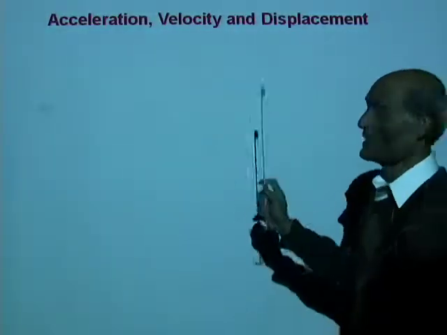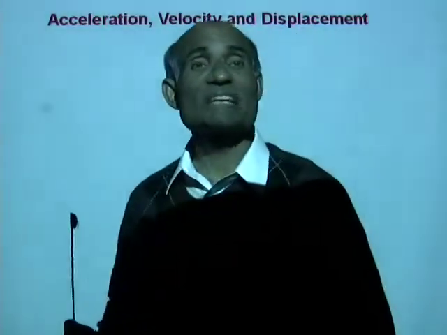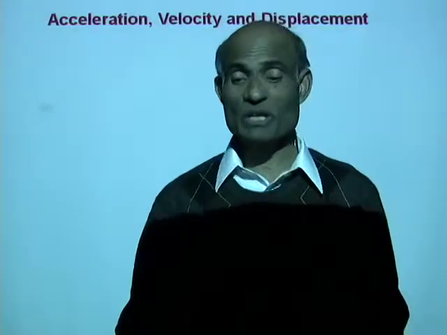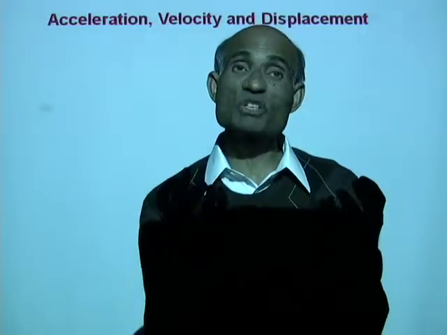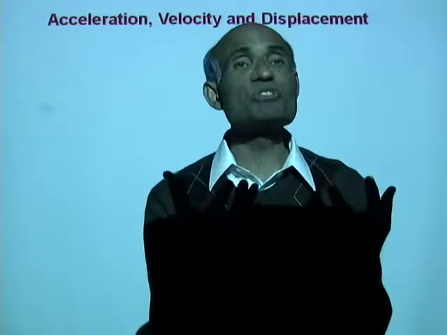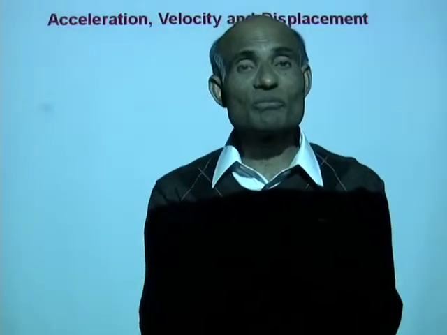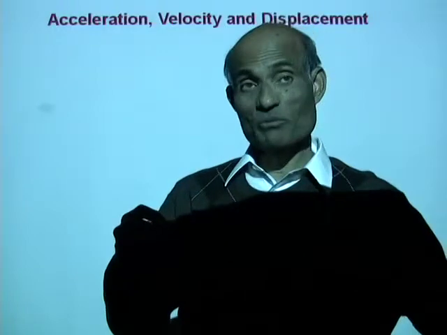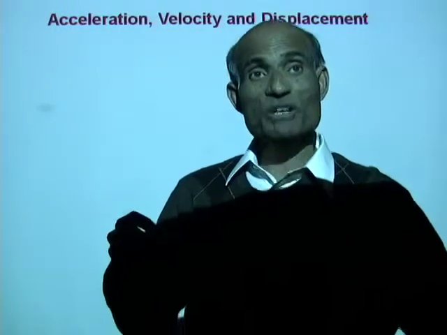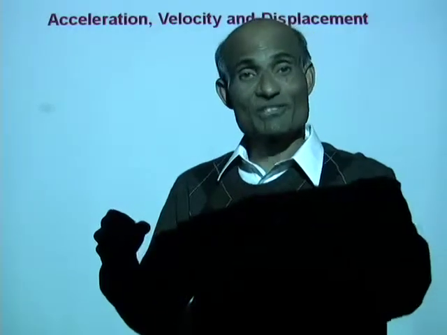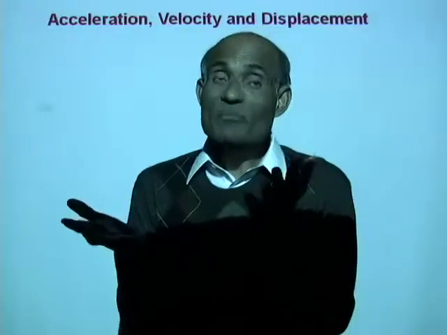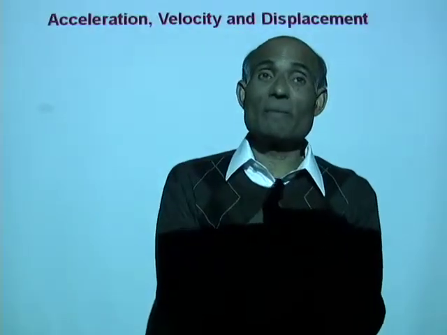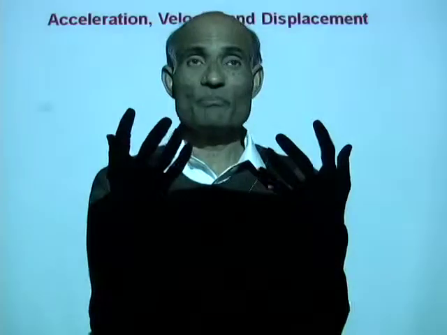Okay, now in the lesson on derivative, we talked about how the concept of derivative can be used in solving problems involving moving objects. The problems involving position, velocity, acceleration. Now the same can be used here. All right, listen carefully.